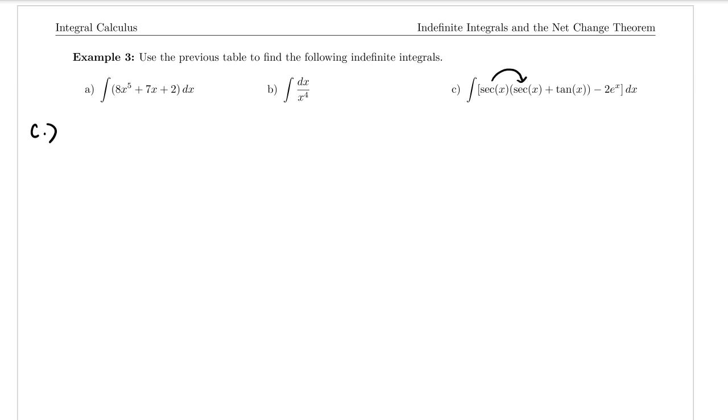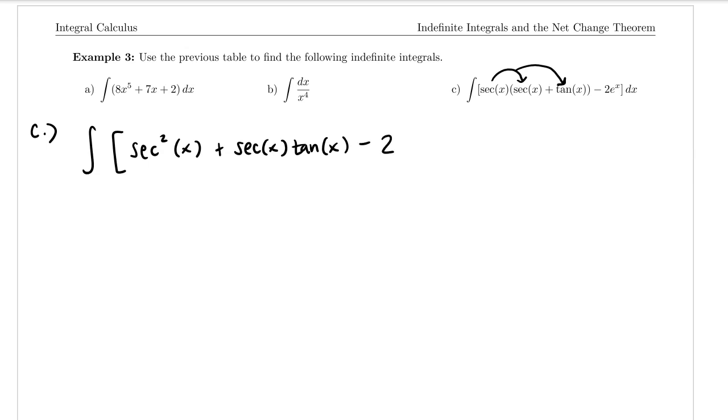So if I multiply secant into both of these terms, my new integral is going to become secant squared x plus secant of x times tangent of x minus 2 times e to the x. So notice that 2e to the x we're not having be multiplied with secant of x because it's not inside of the set of parentheses that we were looking at.